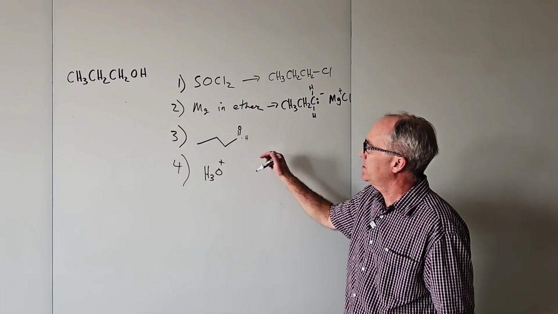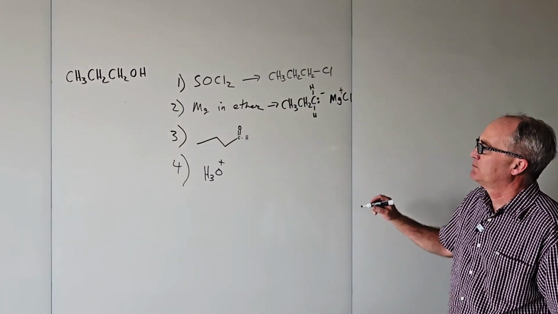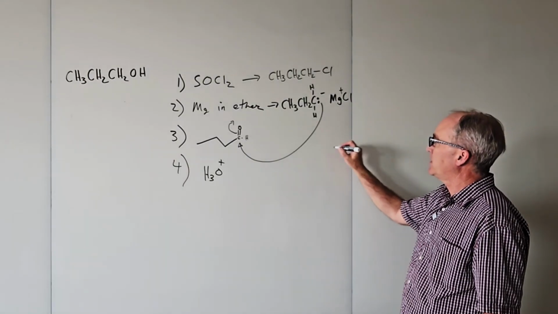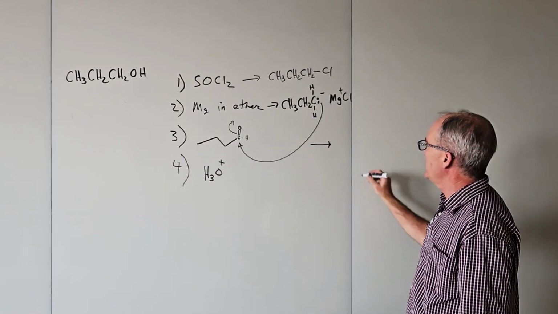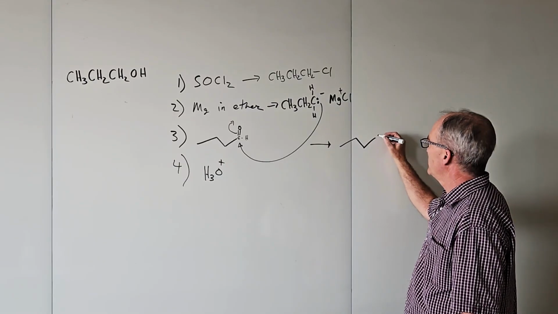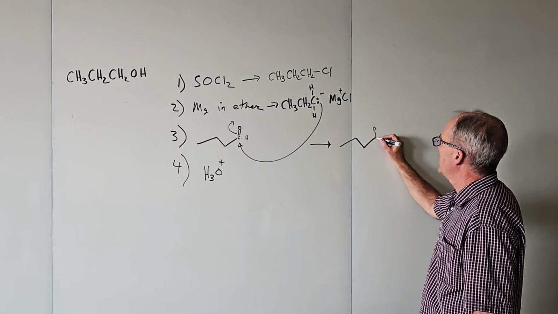aldehydes? Well, this carbon has a partial positive charge due to the electronegativity of the oxygen. All right, so it looks like we have a 1, 2, 3, 4 carbon chain. 1, 2, 3, 4 carbon chain. And then this is a 1, 2, 3 carbon chain.